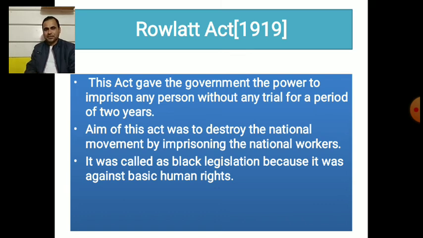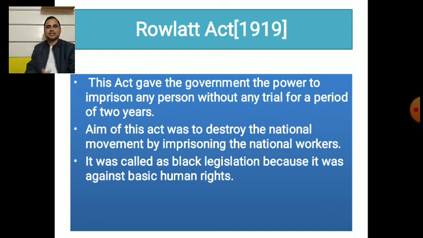So with all these happenings, the main objective of the Rowlatt Act was to suppress the uprisings, the so-called national movements.